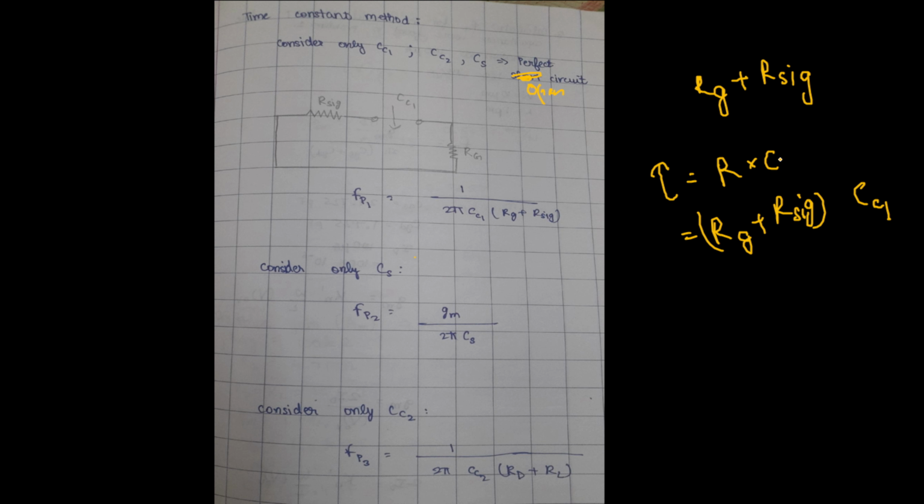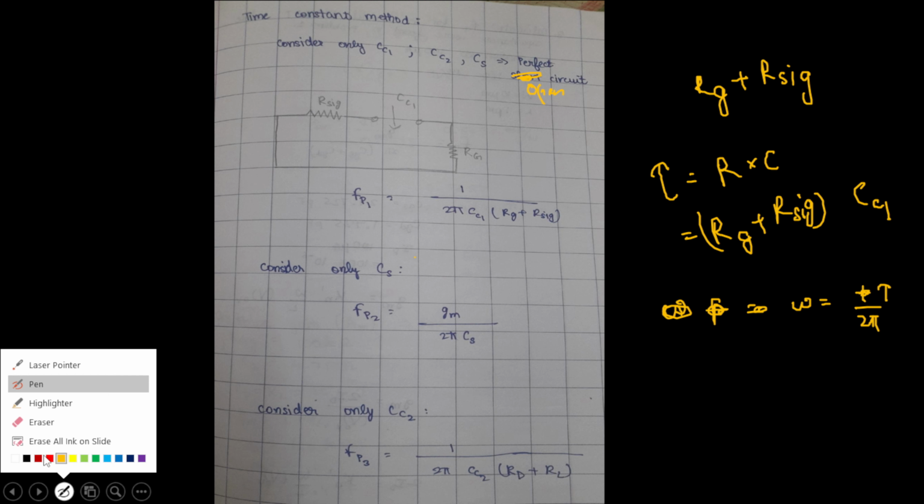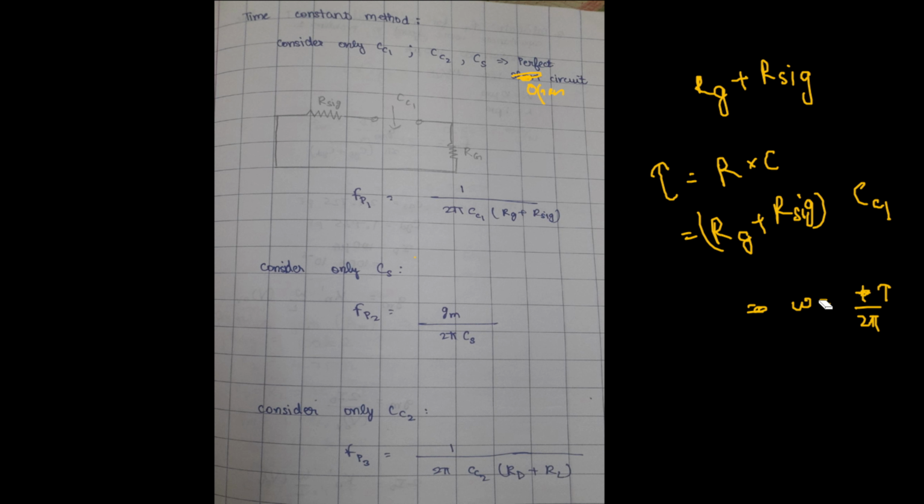So this is tau, and we know that F, wait, no. We know that omega will be given as, I mean, no, wait. I'm sorry here. There's a small confusion in the notebook here.